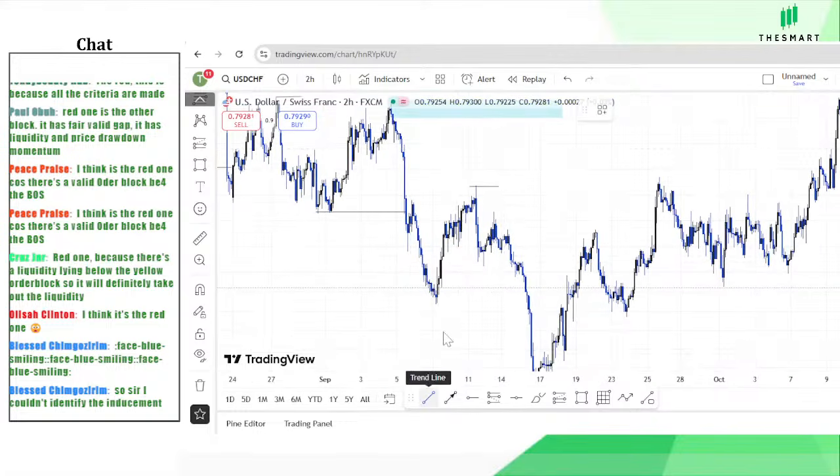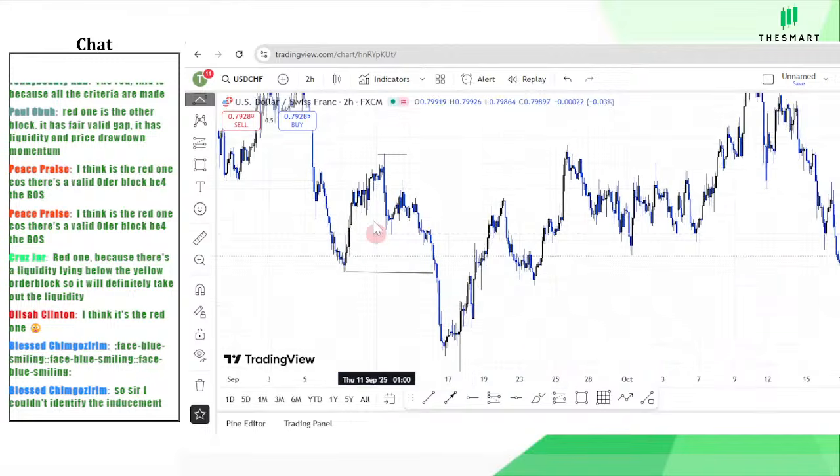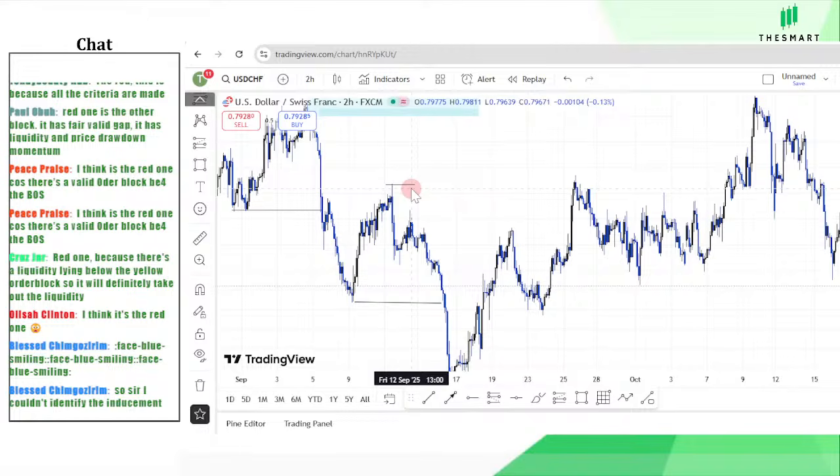Price took out this low, then reacted to the upside again and filled all of this fair value gap to the upside. Now don't forget, this is an inducement zone.